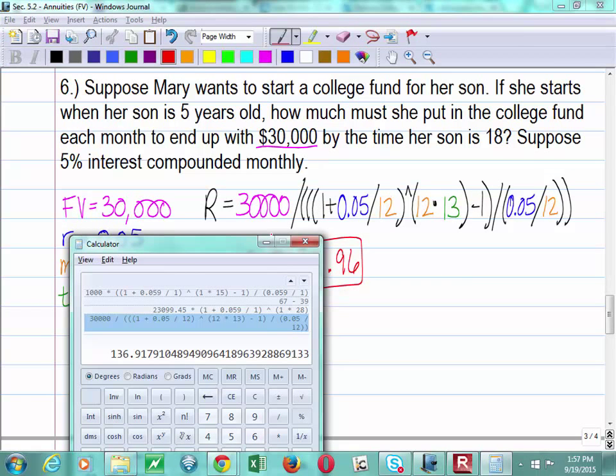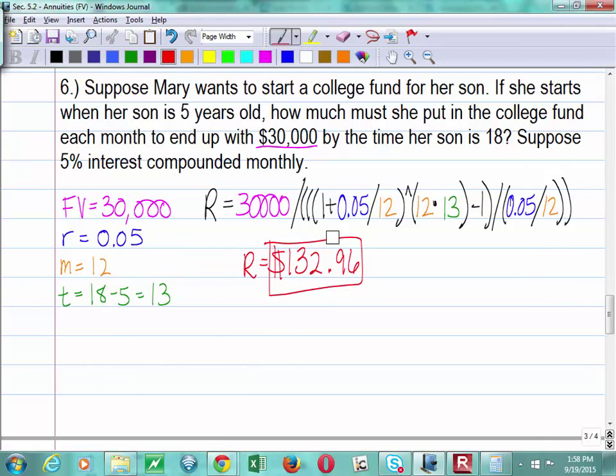I switched my 6 and my 2. 136.92. So that's how much she would have to deposit at the end of each month to save up $30,000 for her son's college fund. That's if she starts at age 5.